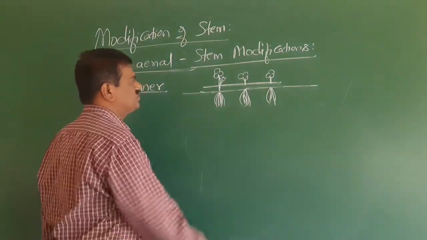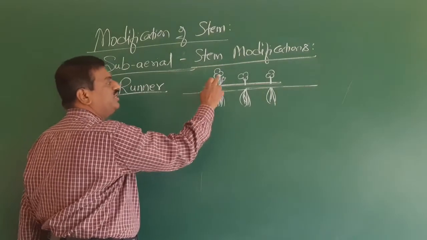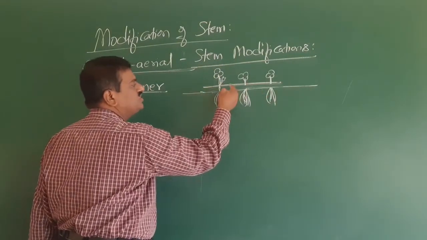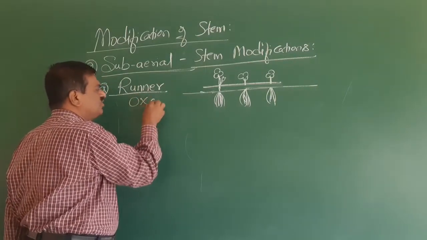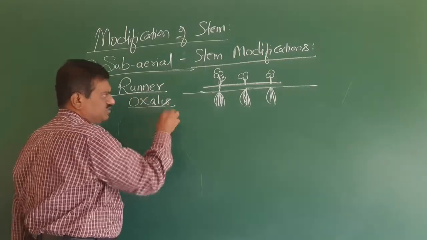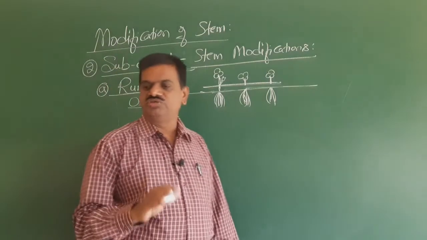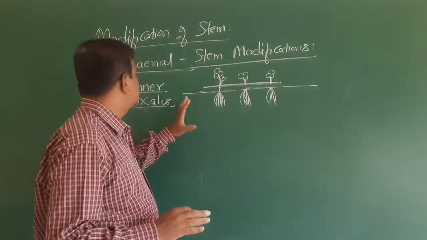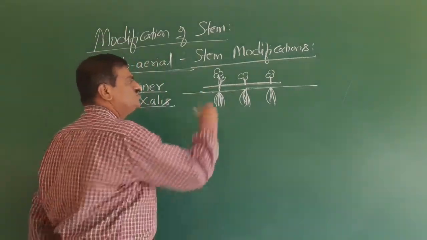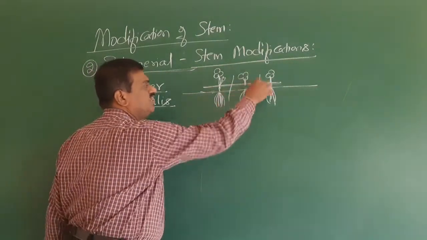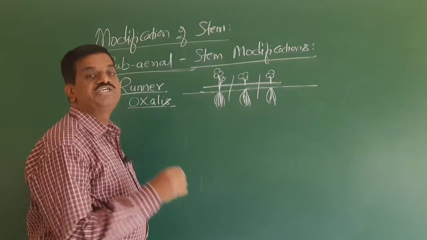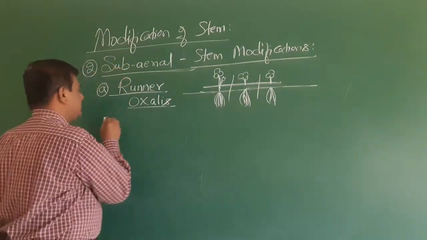So a horizontal stem with trifoliate leaves is called a runner. The example for this is oxalis. It grows horizontal to the soil surface. This also helps in vegetative propagation. When the stem is cut into pieces, each piece develops into a new plant.